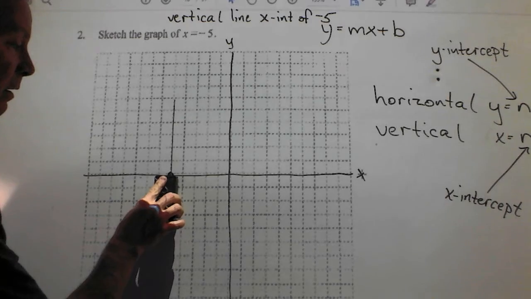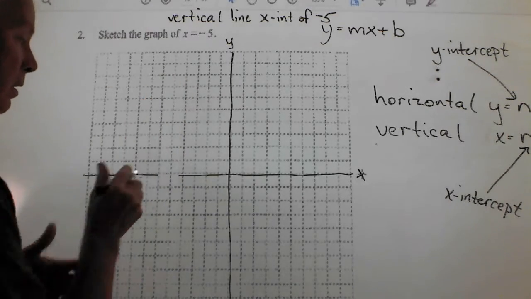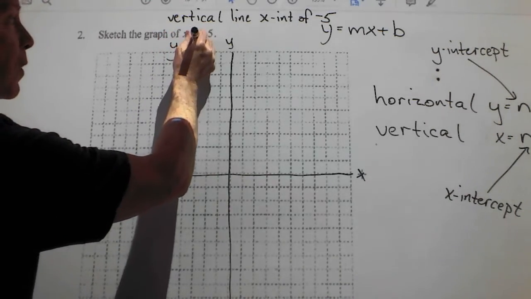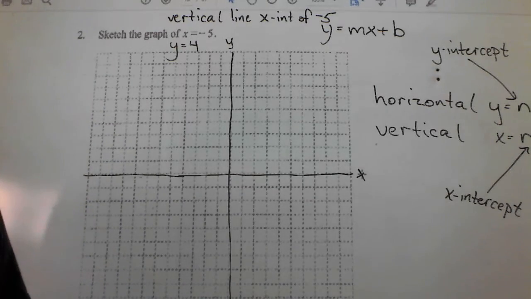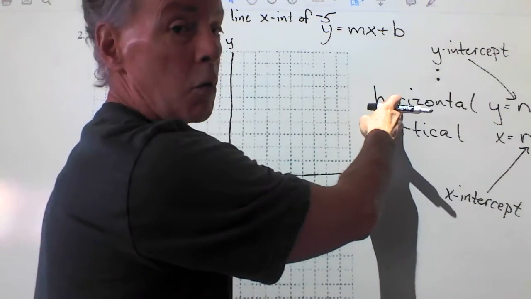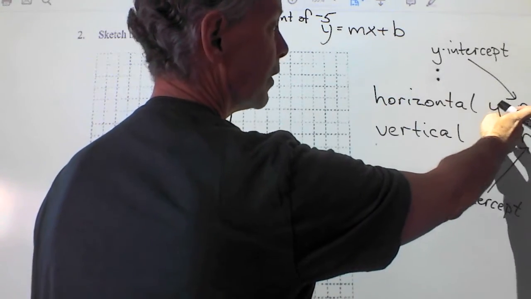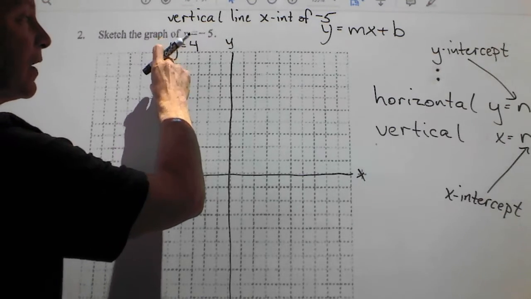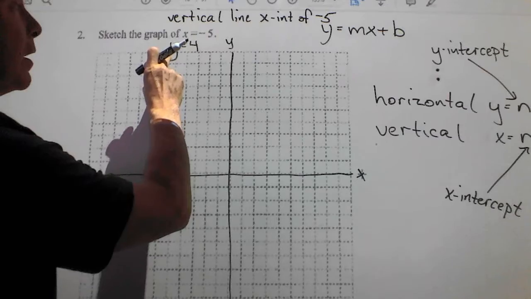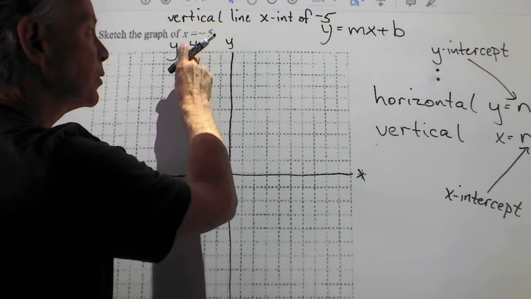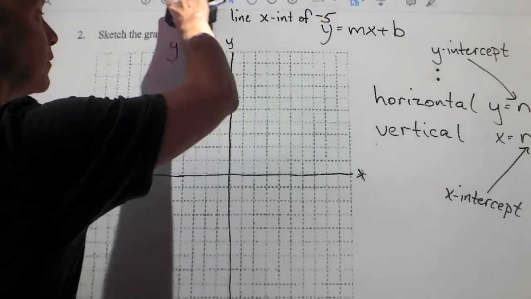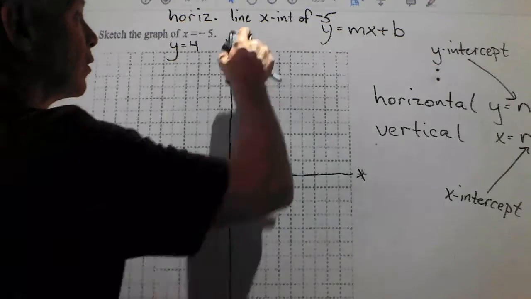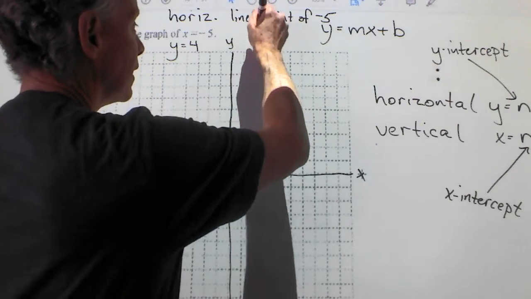If I had a different equation, let's say my equation was y equals 4 rather than x equals -5, then I would have a horizontal line, right? Where I only have one variable and that variable is y. Remember, whatever the variable is, that's telling you which intercept you're after. Since my variable is y and my number is 4, that means I now have a horizontal line with a y-intercept, right?